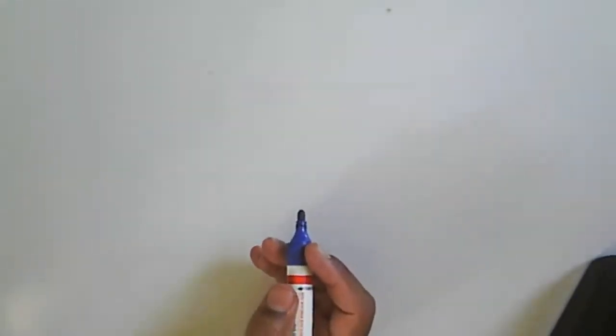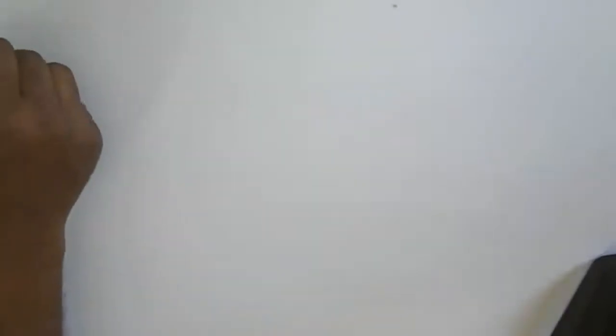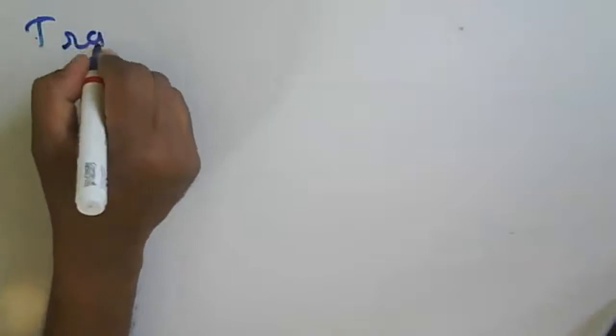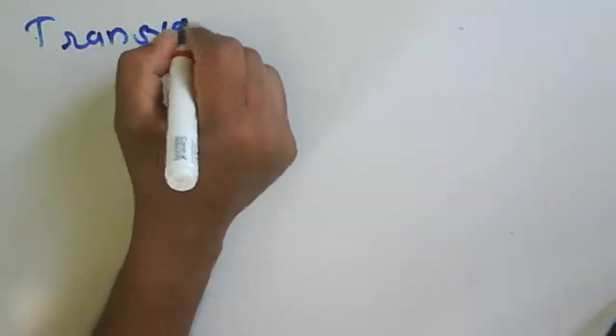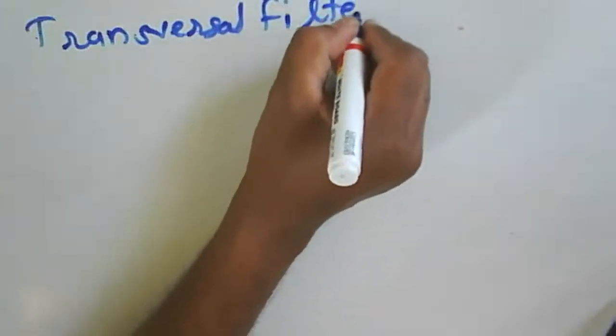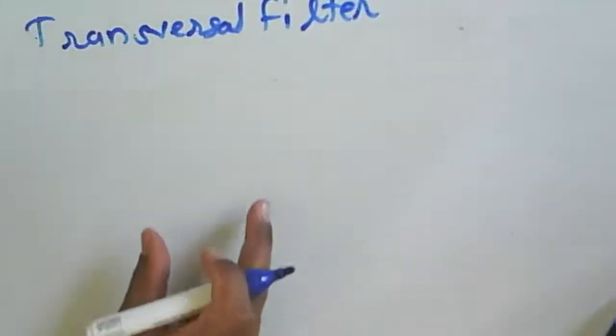Another way, instead of a delay line, is to use a filter, a filter which has nth delay lines present, to remove the clutter. This is a transversal filter, and this transversal filter is a non-recursive one.